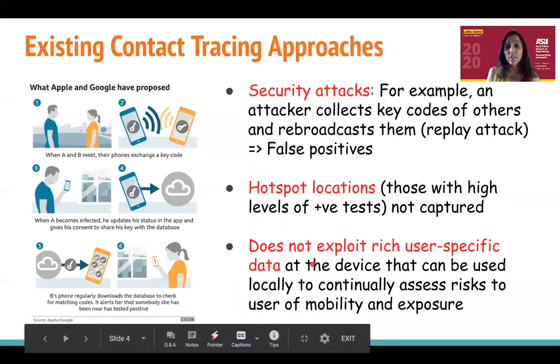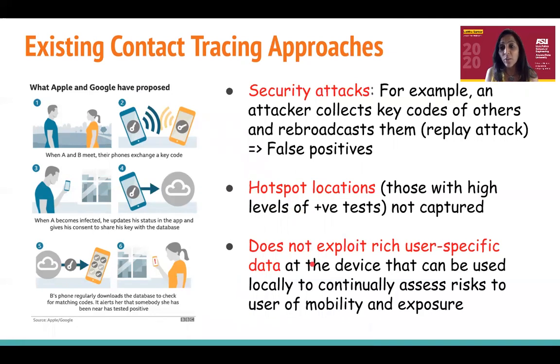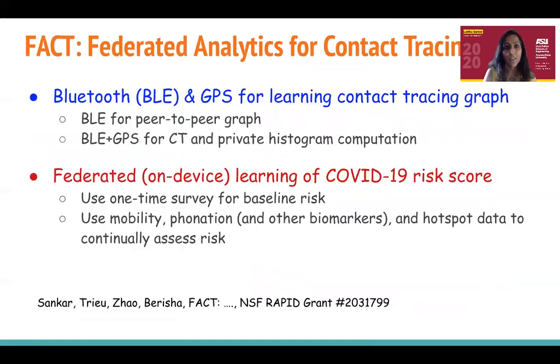Finally, the app also does not use all kinds of rich user-specific data on the device that could be correlated with either having the disease or having a higher risk of the disease. And those are the kinds of things we want to explore in this project, and we are doing so.